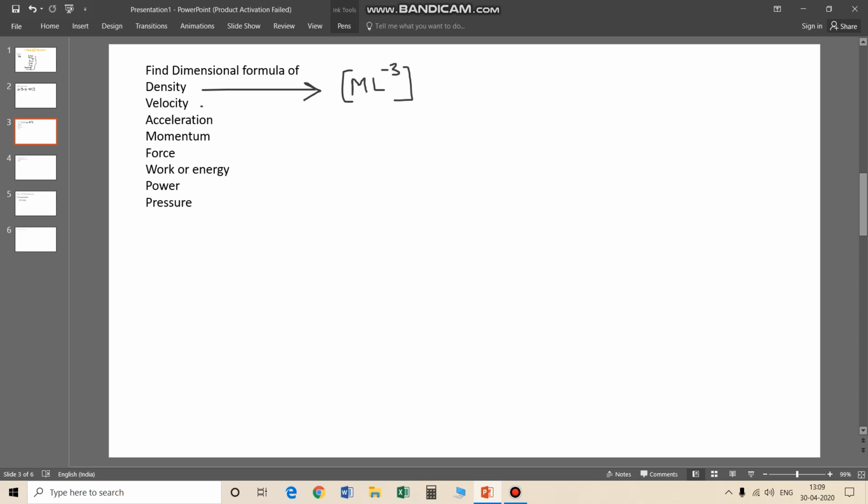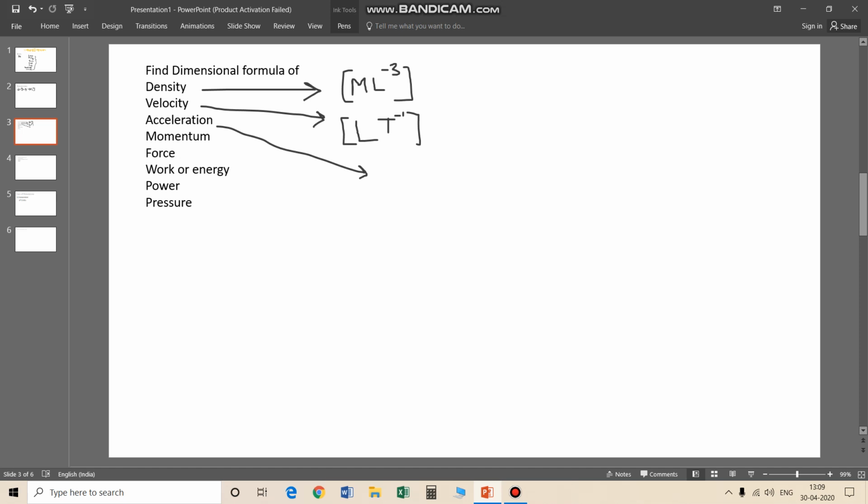Velocity, what is velocity? Length by time, right? Length is L, time is T to the power minus 1. So L T to the power minus 1. What is acceleration? Change in velocity with respect to time.